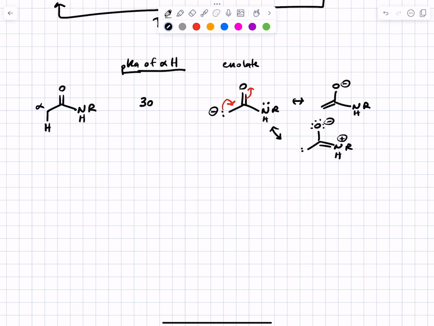That tells you that the carbonyl carbon of the amide is already electron rich, and so it's not as favorable for the lone pairs to be delocalized by resonance.